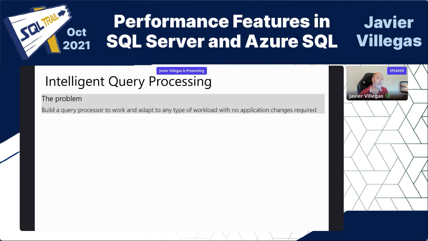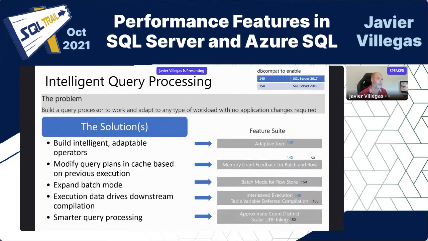How do we enable all this beauty, right? Well, it's extremely simple. We only need to change the compatibility level for our user database to 140 if we want to use it as 2017, or 150 if it is SQL Server 2019, right?